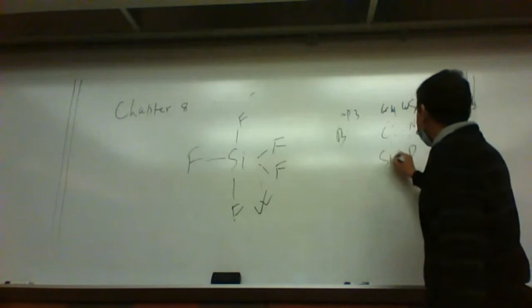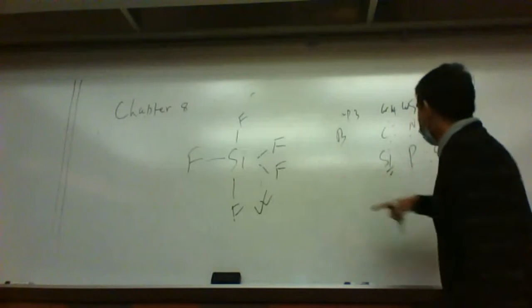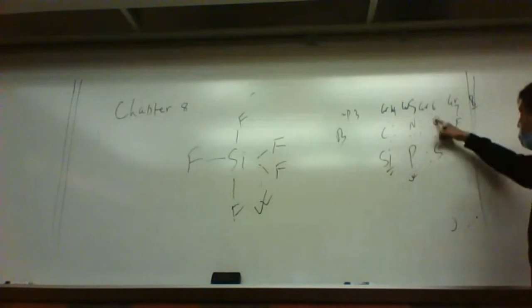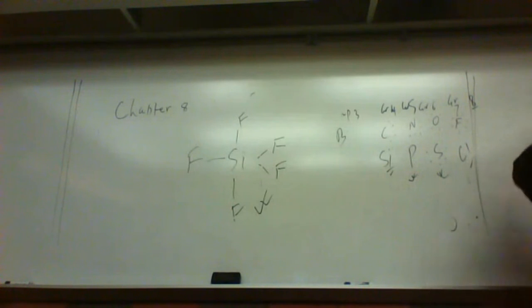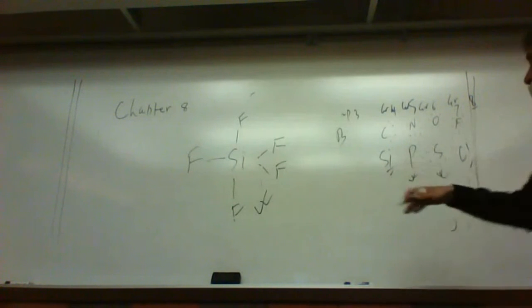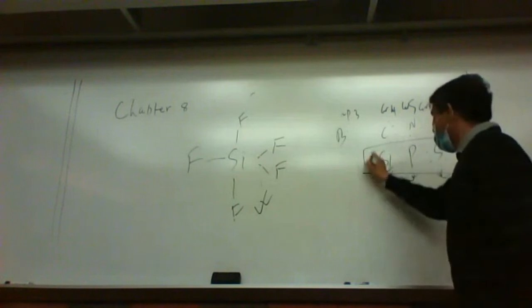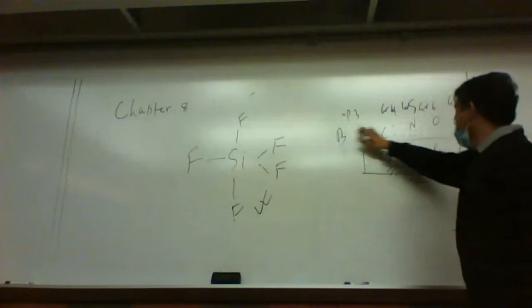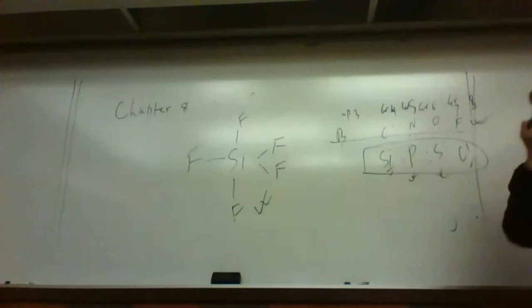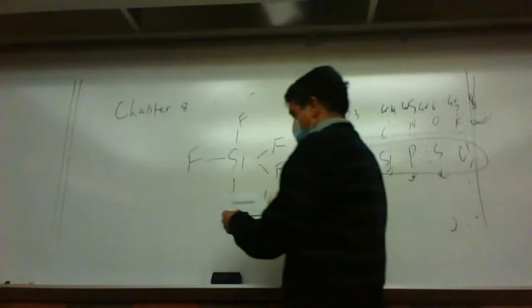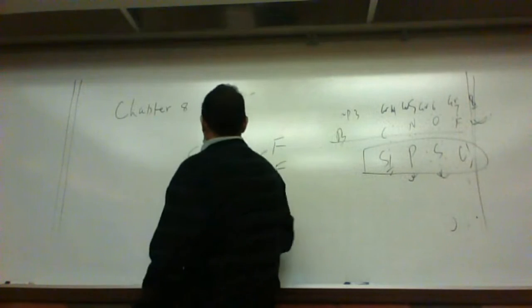Below carbon there is silicon, and silicon can have more than 8 electrons. Maybe chlorine also can have more electrons. So the period 2 elements behave differently from the elements below them. So that's silicon. Now let's look at PF5.